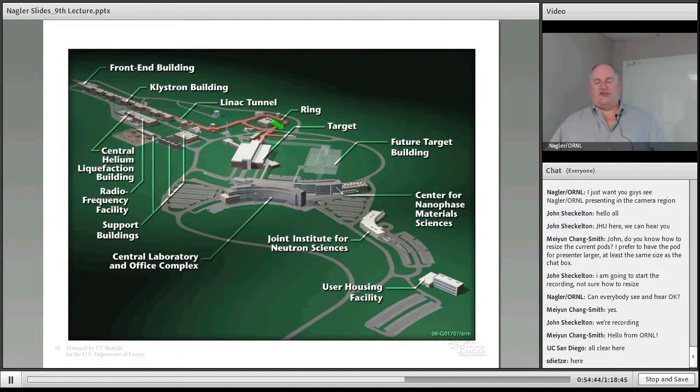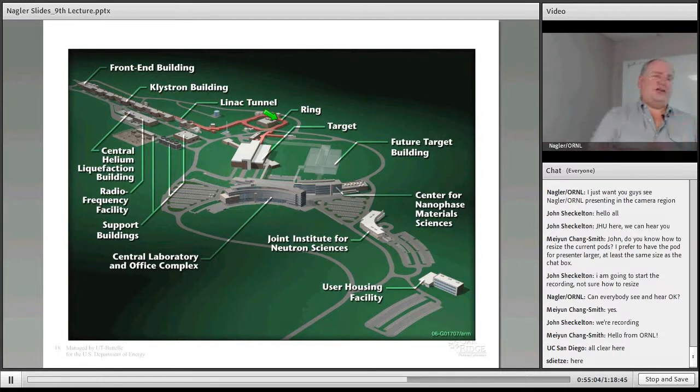Then they're put in a storage ring, where you now have a circular accelerator that at the end of the day produces pulses of neutrons at 60 hertz each. And these are then sent over to the target building. Now, in the target building, as I mentioned, there's an assembly that has a flowing loop of mercury.